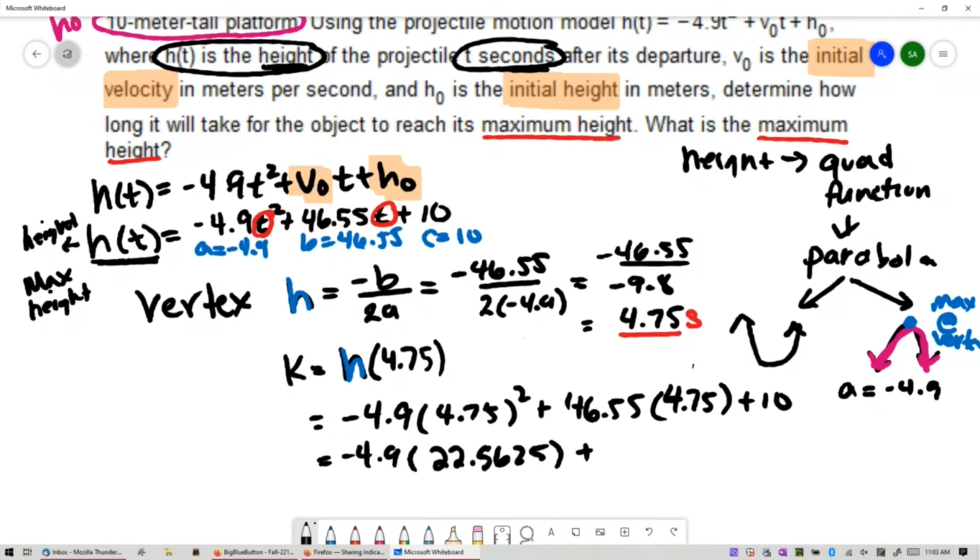Then I need to do 46.55 times 4.75, and that is 221.1125. I need to do 4.9 times 22.5625. I get negative 110.55625.